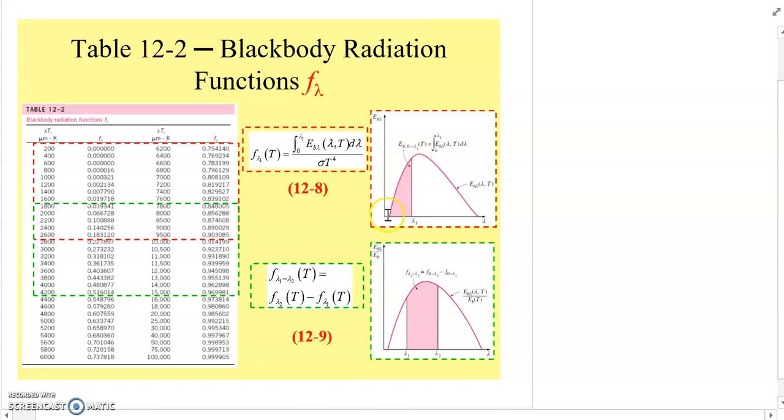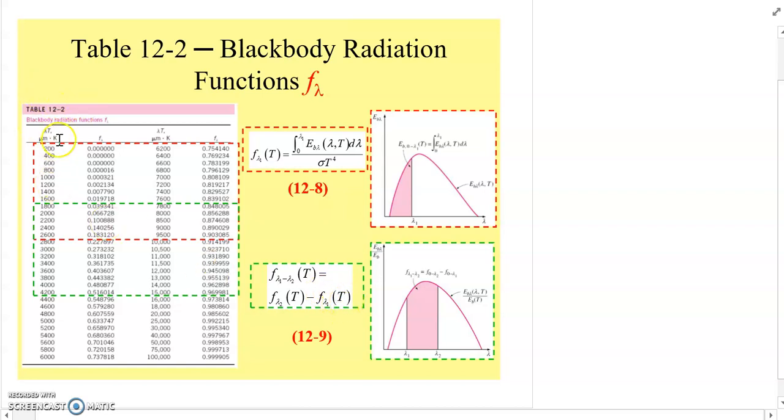So you can use this form. Or if the question asks you for lambda 1 to lambda 2, you cannot take lambda 2 only, because lambda 2 covers the whole area from 0 to lambda 2.